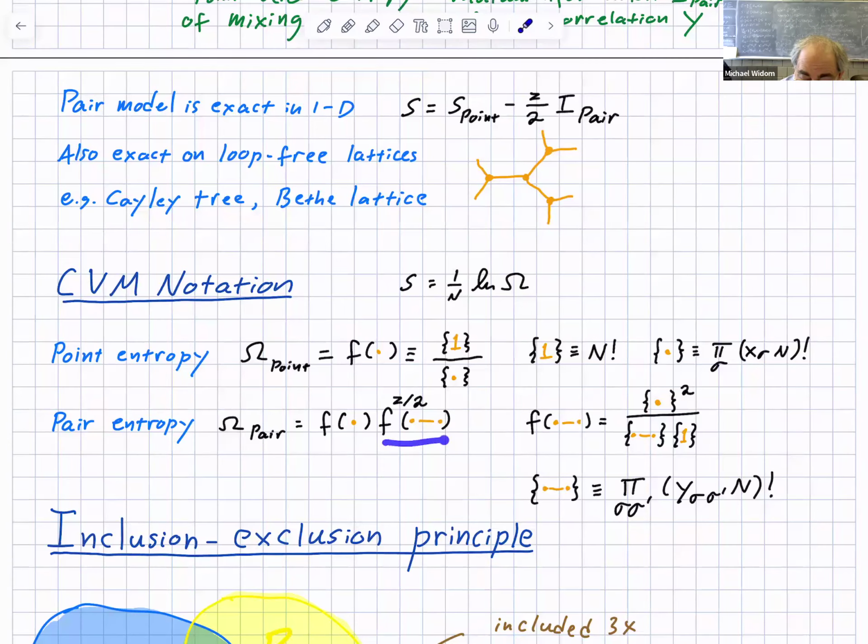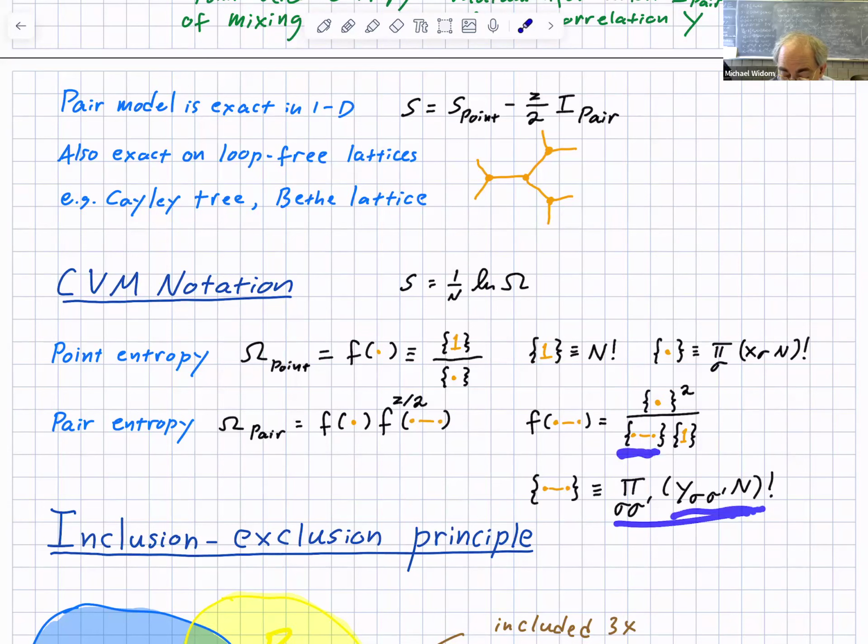And why do we raise it to the power z over 2? That's because every point has z over 2 pairs. And when we take the log, we're going to get z over 2 log of f pair. Notice, by the way, that f pair also, well, f pair has this bracket pair factorial factor.